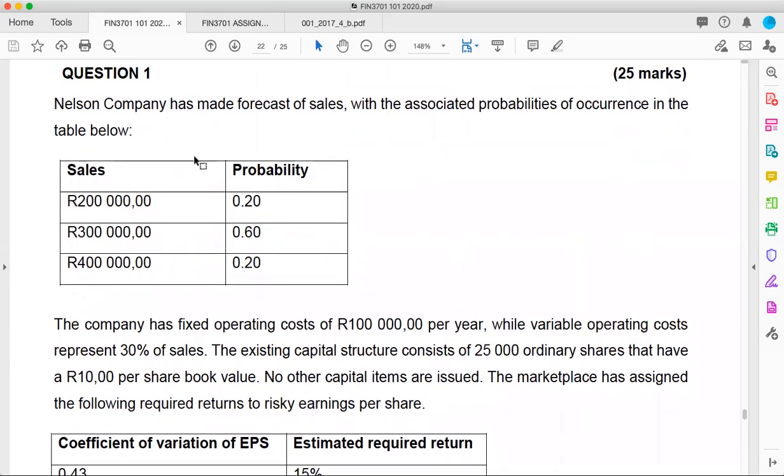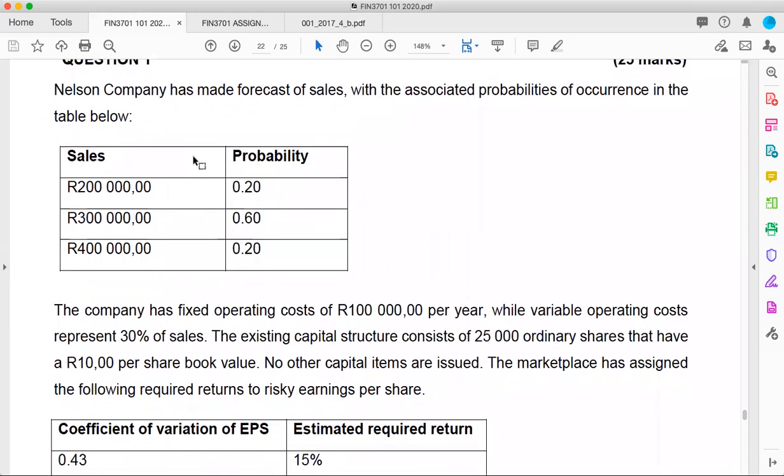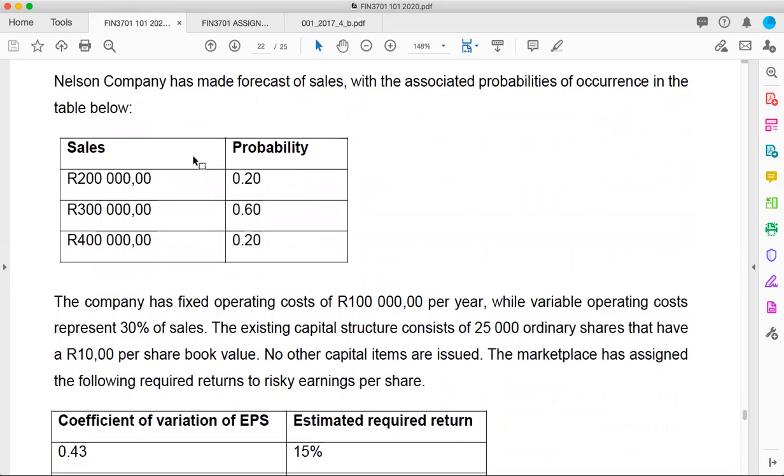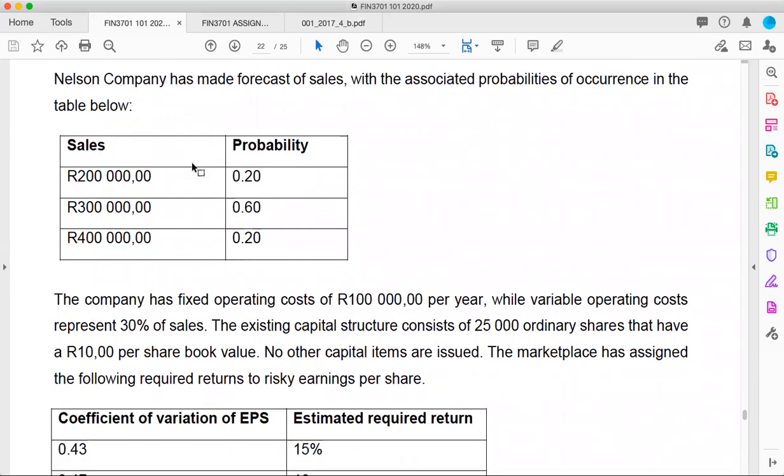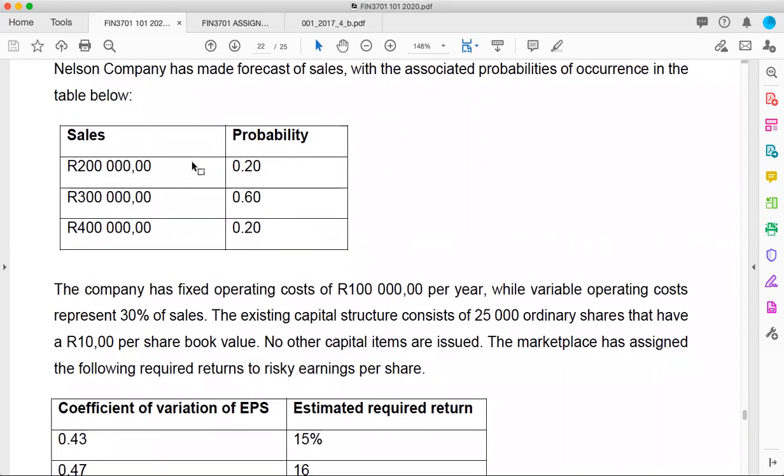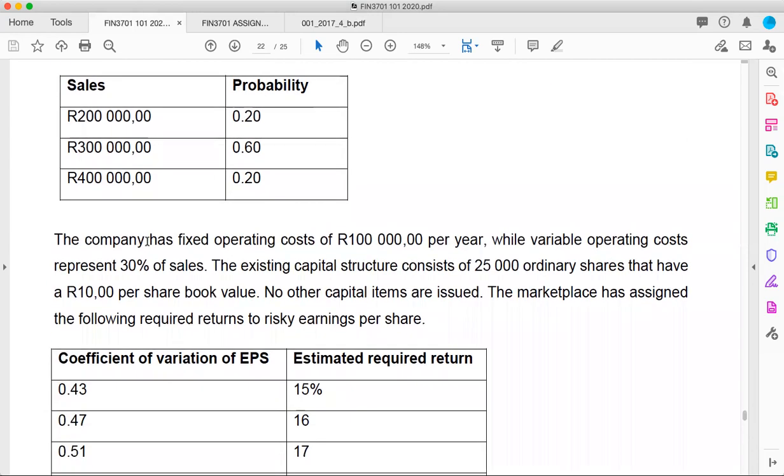So question 1 says, Nelson Company has made a forecast of sales with associated probabilities of occurrence in the table below. There's a 20% chance there'll be sales worth 200,000, a 60% chance sales will be worth 300,000, and a 20% chance they'll be worth 400,000.